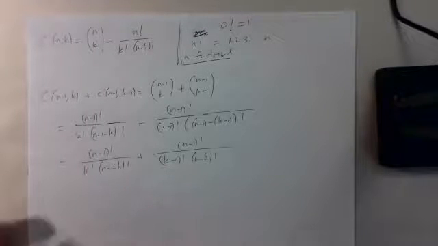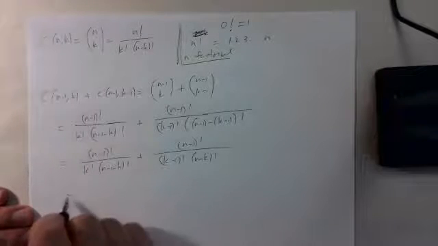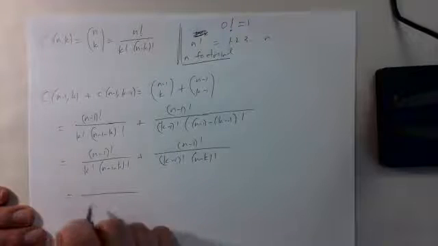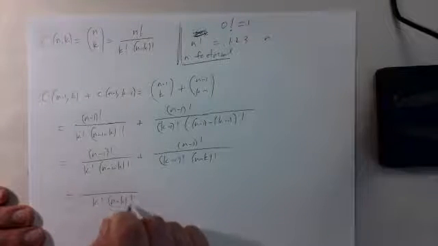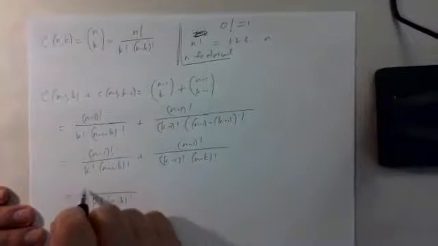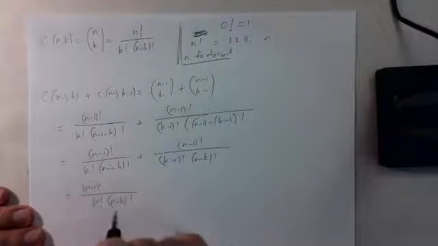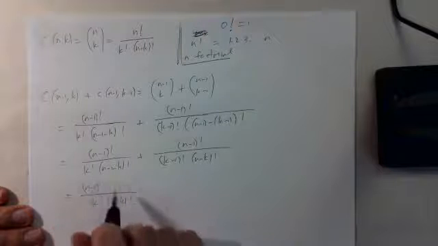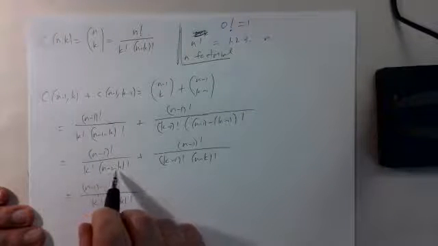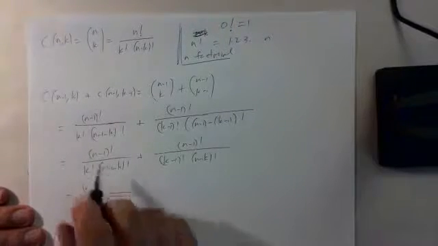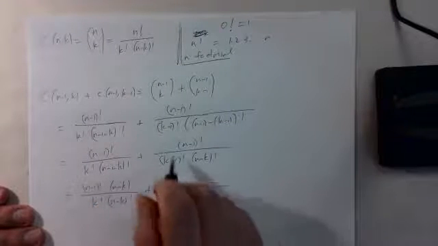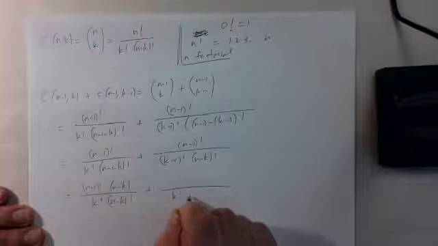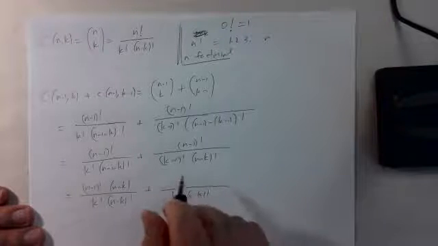So I have these two fractions, and I can put them over a common denominator. A common denominator would be k factorial times n minus k factorial. Here I have n minus 1 factorial in the numerator, and to get from n minus 1 minus k factorial to n minus k factorial, I have to multiply by n minus k. I put this over k factorial times n minus k factorial.